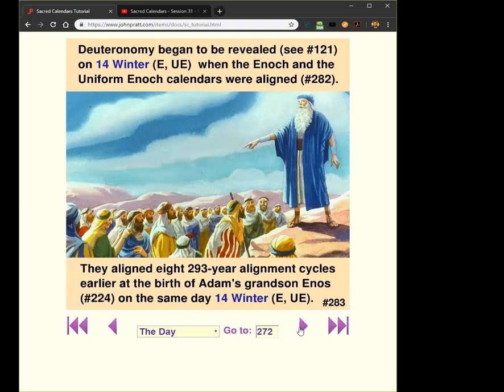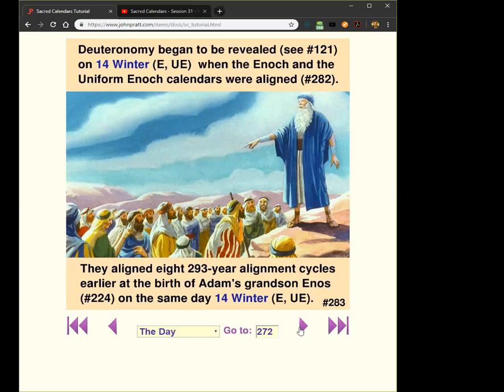They aligned 8 of the 293-year alignment cycles earlier, at the birth of Adam's grandson, on the same day, 14 winter. I have no idea what that means, but I just make note of things like that, that the stuff lines up. But just to get those two calendars to line up on the same day, it's a 293-year wait.